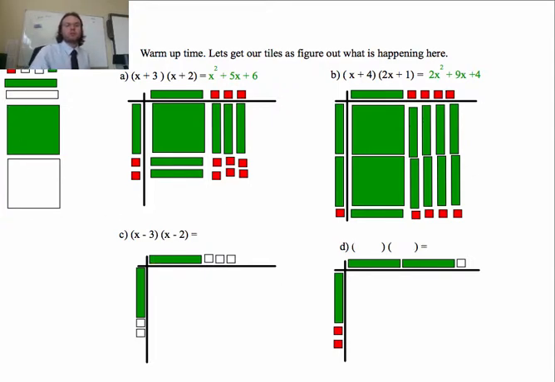Well, a positive multiplied by a positive is going to end up giving me a positive x squared. Let's move this right there. Then we're going to end up getting x multiplied by negative 1, which will give me negative x. So let's move this guy right here, so I get negative x.